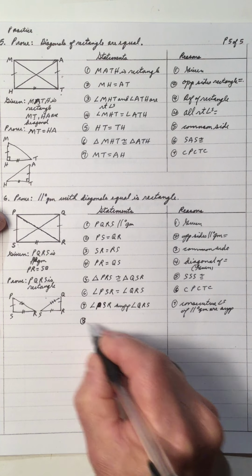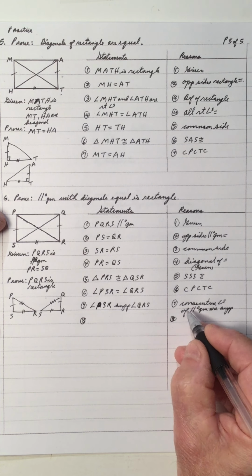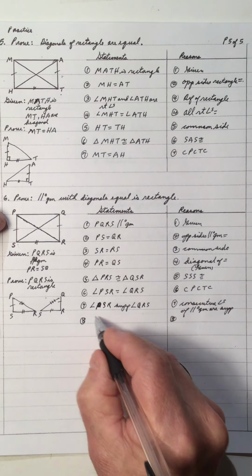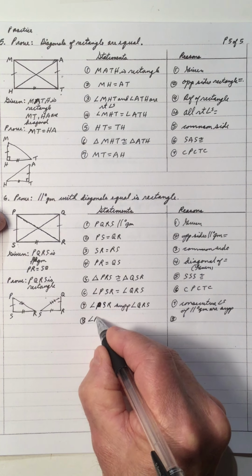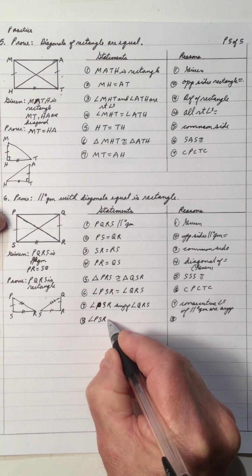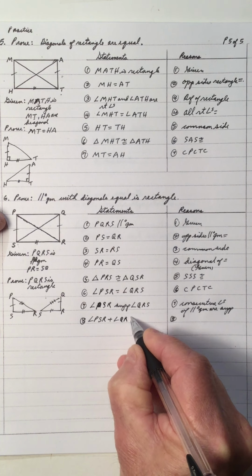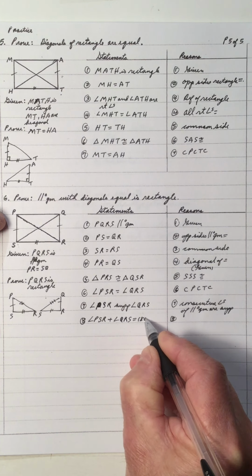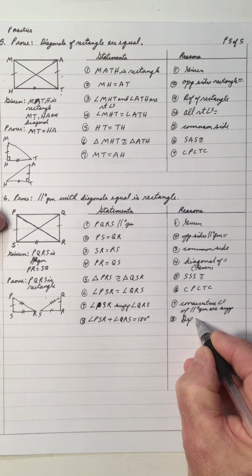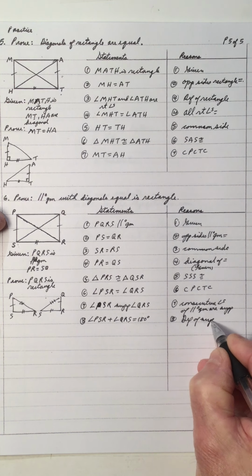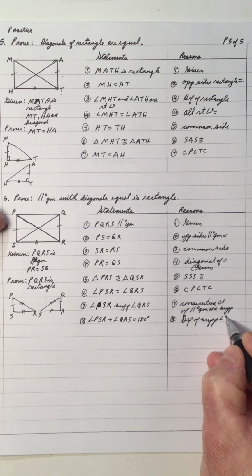Okay, number 8, we have that angle PSR plus angle QRS equals 180 degrees. Definition of supplementary angles.